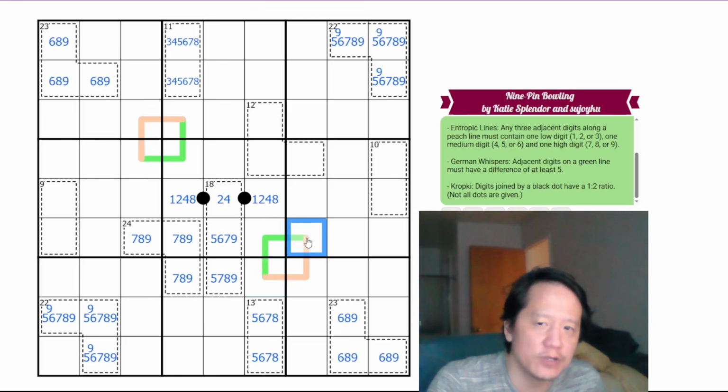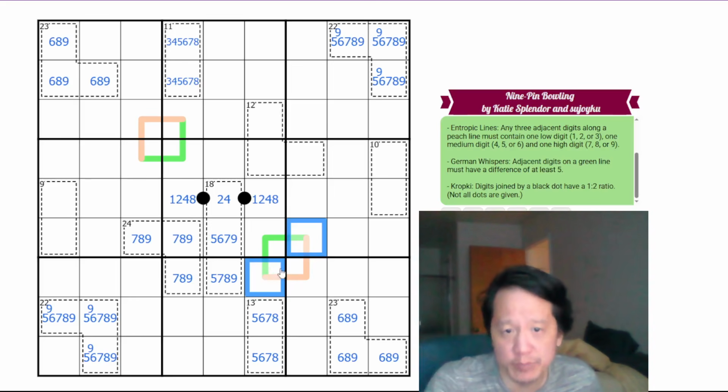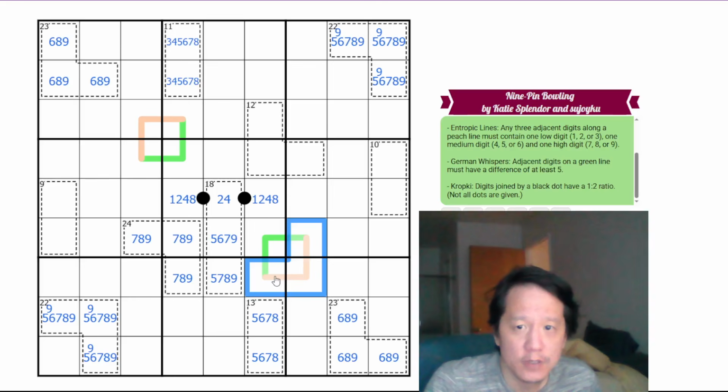So if we have a low here, these would both be low, and one of these would be low. The other one would have to be a medium digit because of the entropic rule. And so it could be 1, 2, 3 here and 4 here.